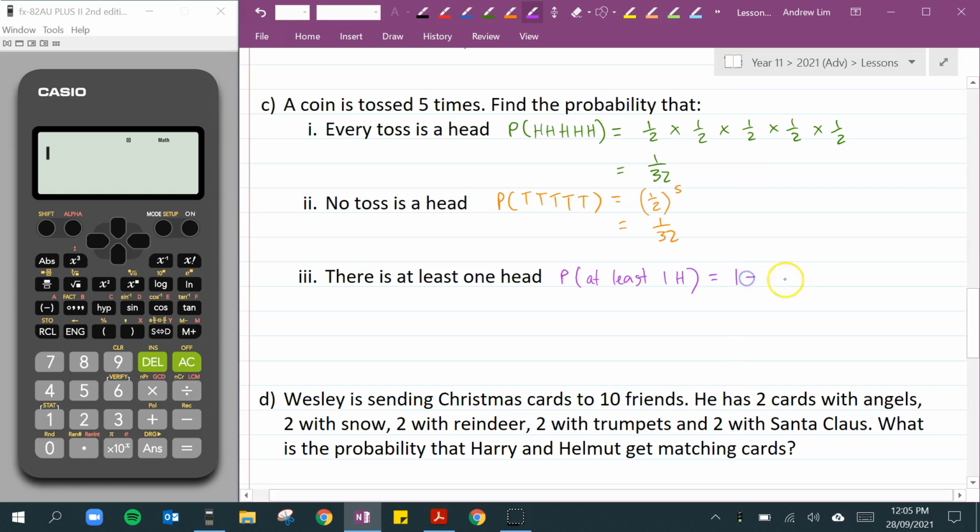So I'm going to write 1 minus the probability of no heads, because that's the complement. Well, the probability of getting no heads is 1 out of 32. From part 2, we can see that here. And so the final answer is just 31 out of 32.